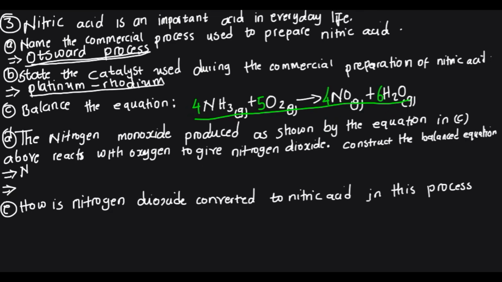I like beginning with the word equation. So we are saying nitrogen monoxide reacts with oxygen. Then if these two react, what are we supposed to have? We are told to give nitrogen dioxide.